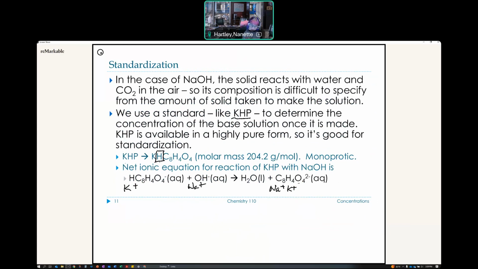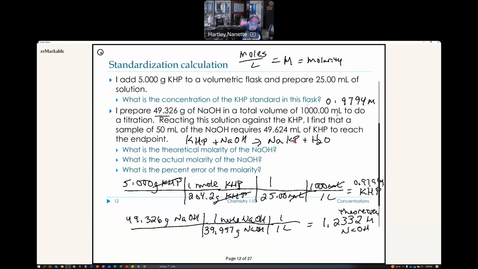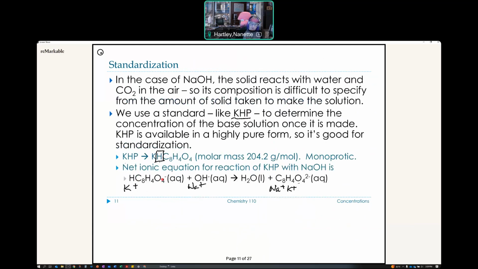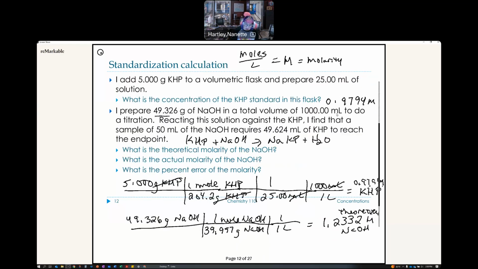So that's where that counterpart comes from, this NaKP. Again, didn't include it here because we were looking at just an ionic equation that has the relevant parts in it. Okay, so we could have left this out, but we didn't. Told you, sometimes we do crazy things and include stuff that is only the parts that we think are important. And at this point, they thought that the phthalate was important. So, all right, so here's my theoretical.